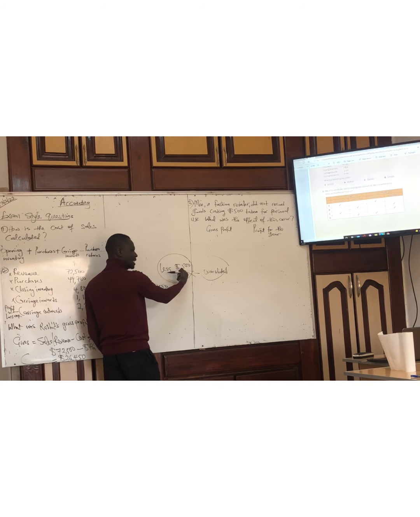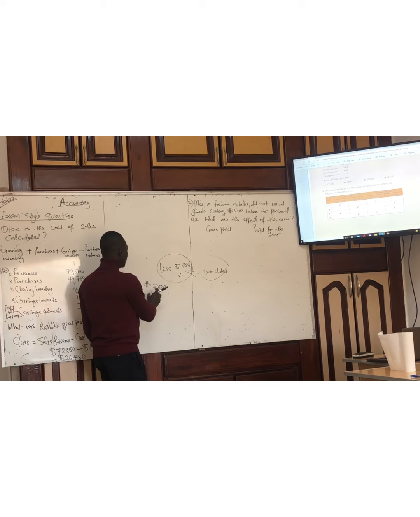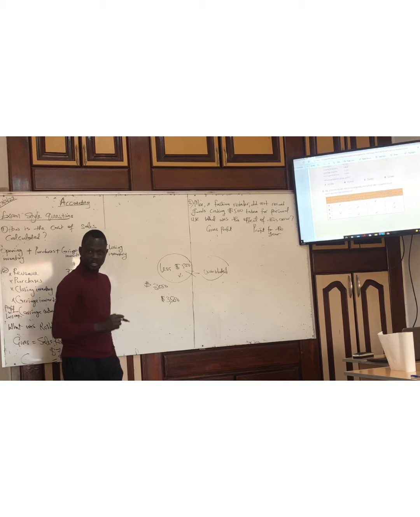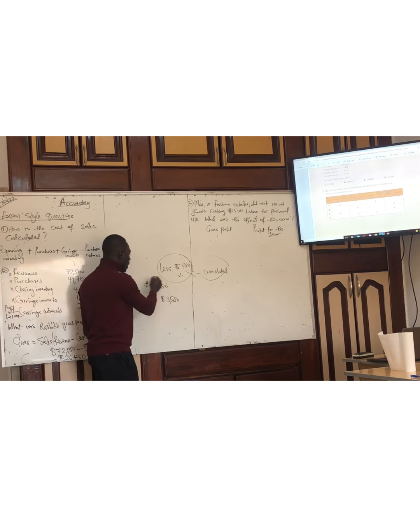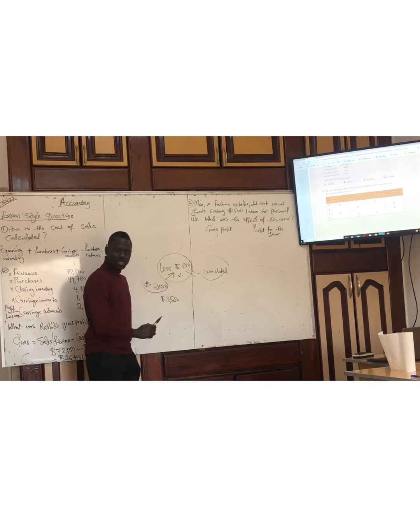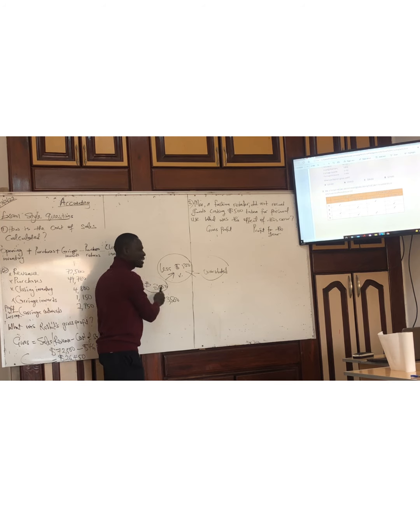If you take this away but you forgot to take this away, what I'm saying is, this is supposed to be our gross profit normally. But what we got was 3,500. This is supposed to be our gross profit, but for the fact that we forgot to take the goods used for personal use, we didn't take it away, it gives us 3,500. Is it an overstated gross profit or understated?